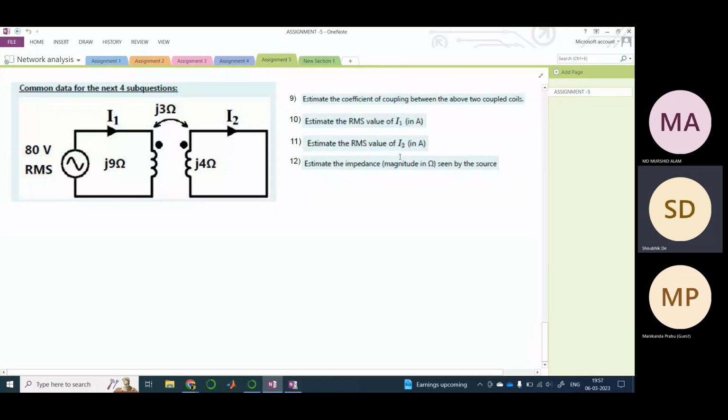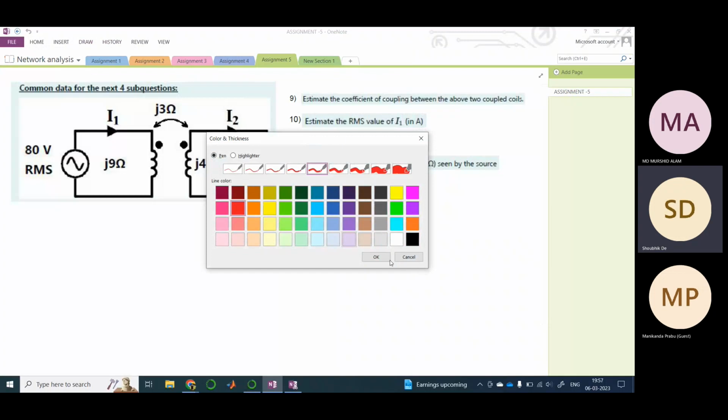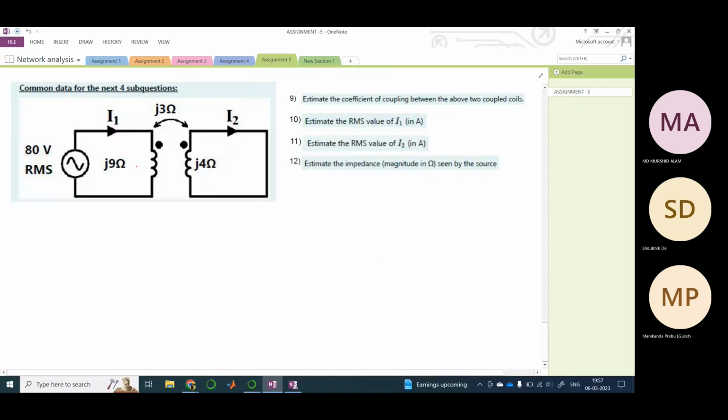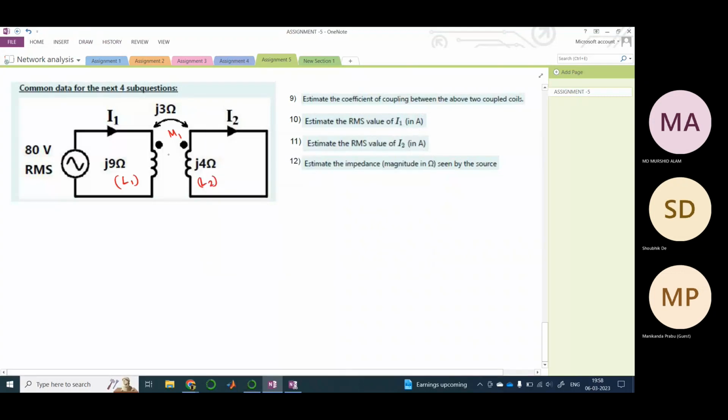Now see here, in this question, this is a simple transformer kind of circuit, right? Let us quickly mark the different components. This is your L1, this is your L2, this is M1. Current is flowing like this, I1, and this is I2.